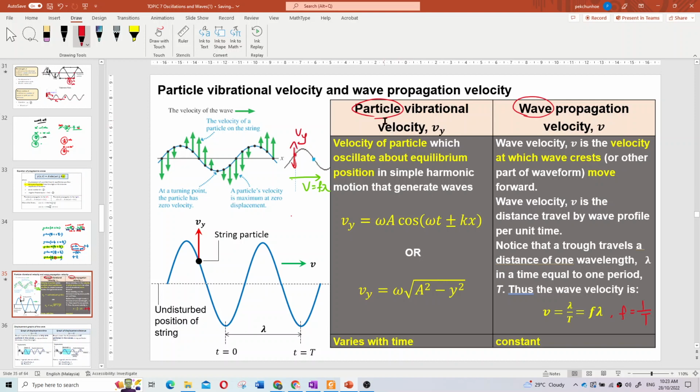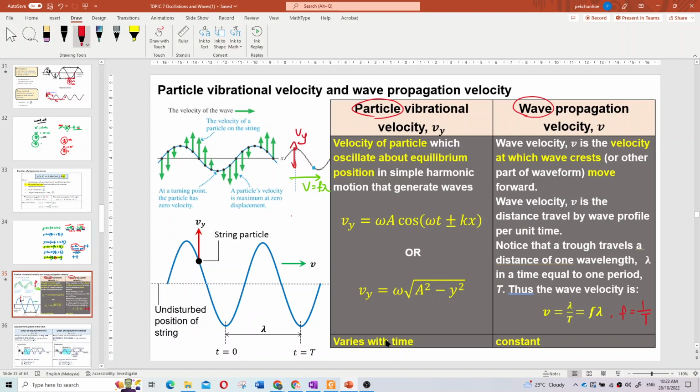The difference is that particle velocity changes with time, while wave velocity is constant. Wave velocity is constant, but particle velocity varies with time.